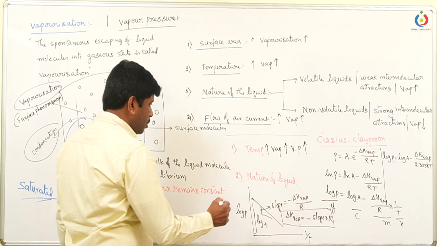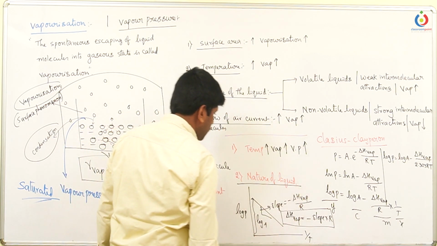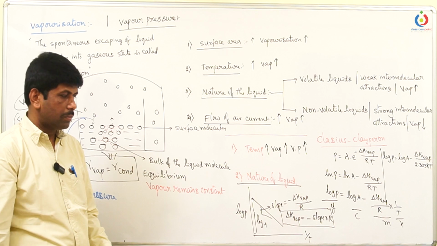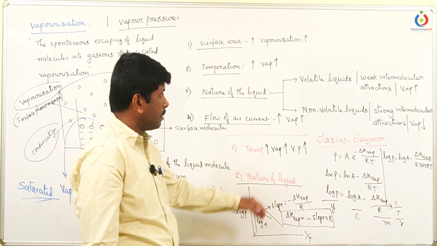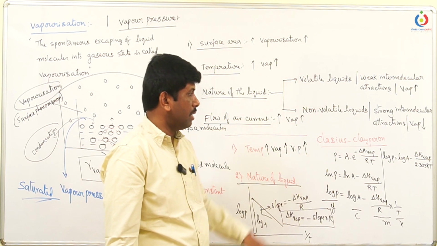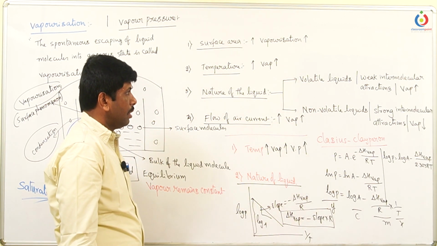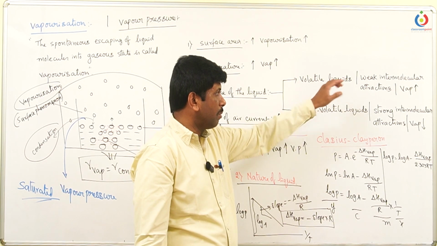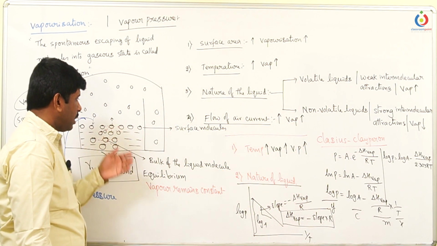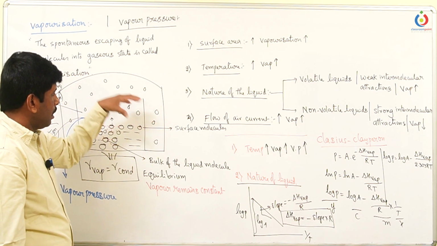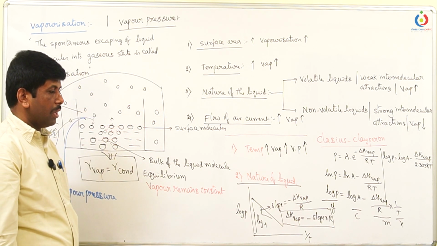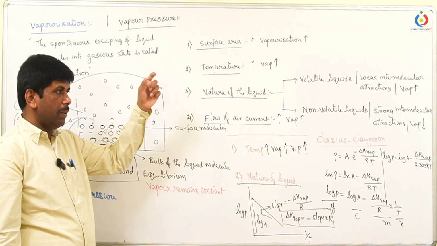Now let us discuss how the nature of the liquid influences the vapor pressure. As discussed earlier, liquids are of two categories, volatile liquids as well as non-volatile liquids. Volatile liquids have weak intermolecular attractions, so their evaporation is very high, so they form more vapor and also more vapor pressure. That means volatile liquids have more vapor pressure.